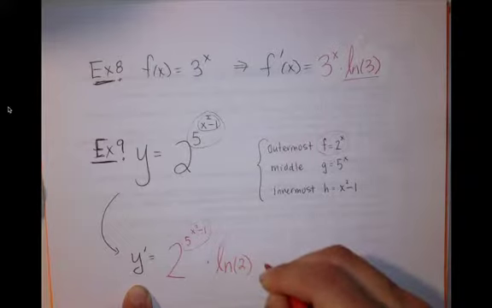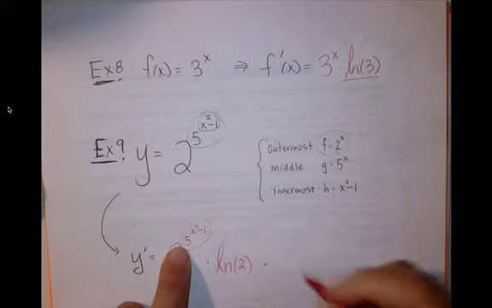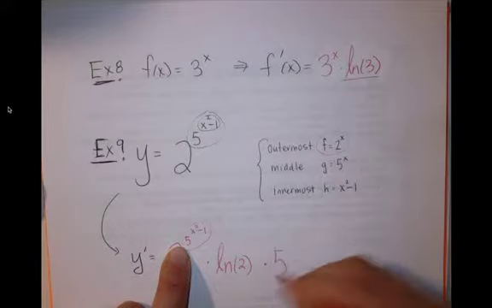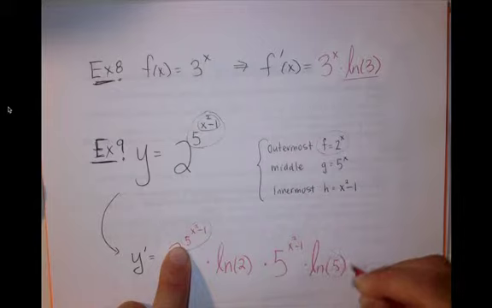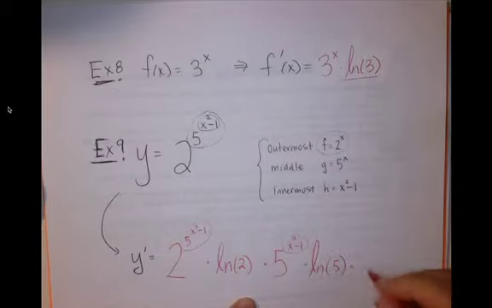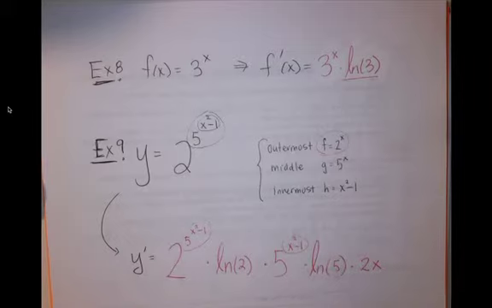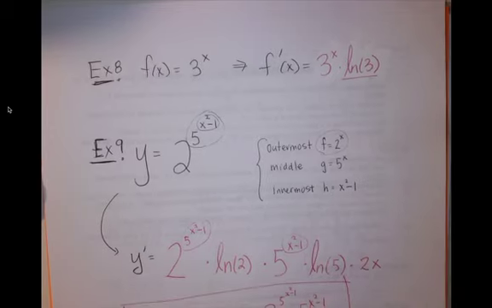Now I need to take the derivative of the inside function, which is going to be 5 to the x squared minus 1 times ln 5. And then I need to take the derivative of the inside function here. It's just 2x. Okay, so you can clean this up a little bit. You'll get 2 ln 2 ln 5 x times 2 to the 5 to the x squared minus 1 times 5 to the x squared minus 1. And that's our derivative here.